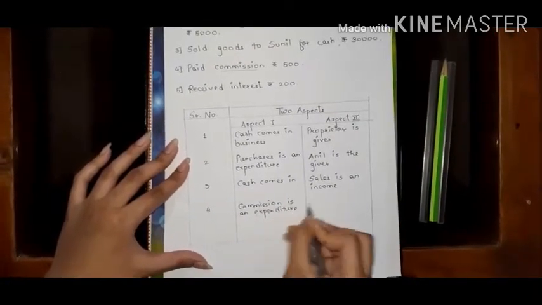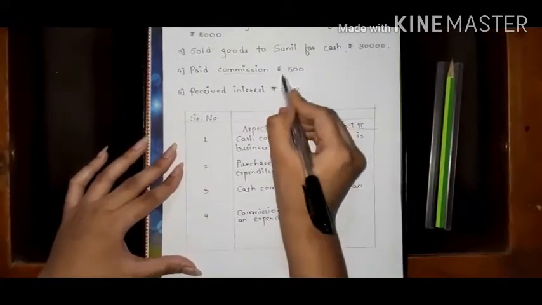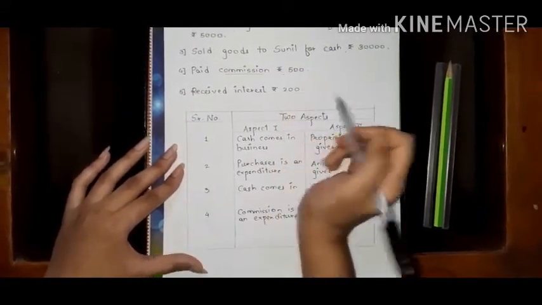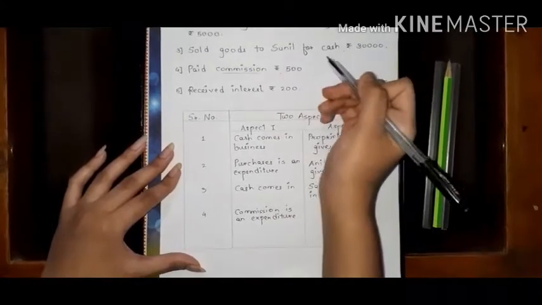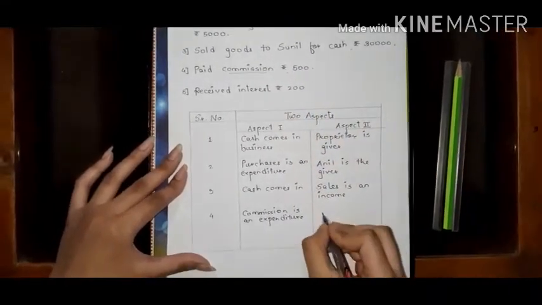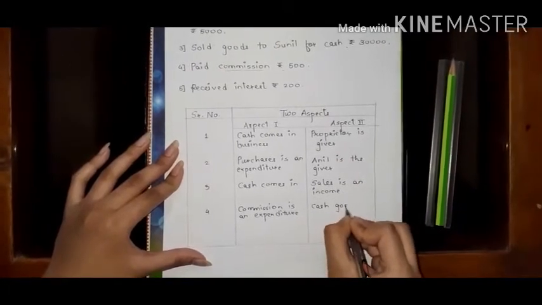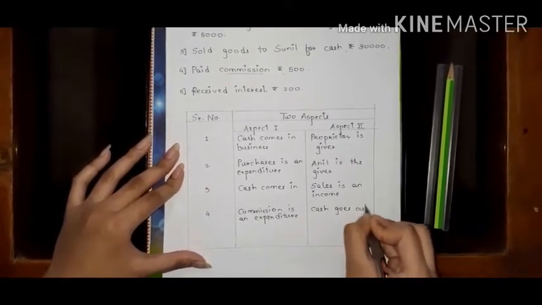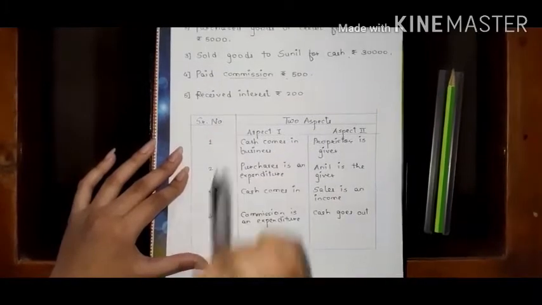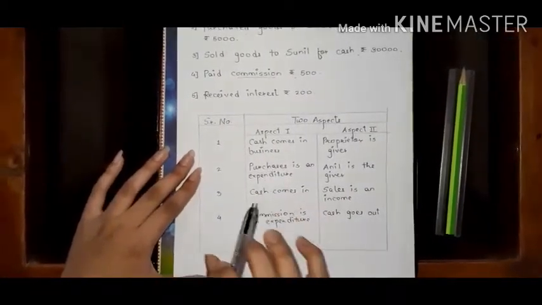And we have paid it in cash rupees 500. So from our business cash has gone out. That means cash goes out. This is the second aspect of the fourth transaction. Hope you understood it.